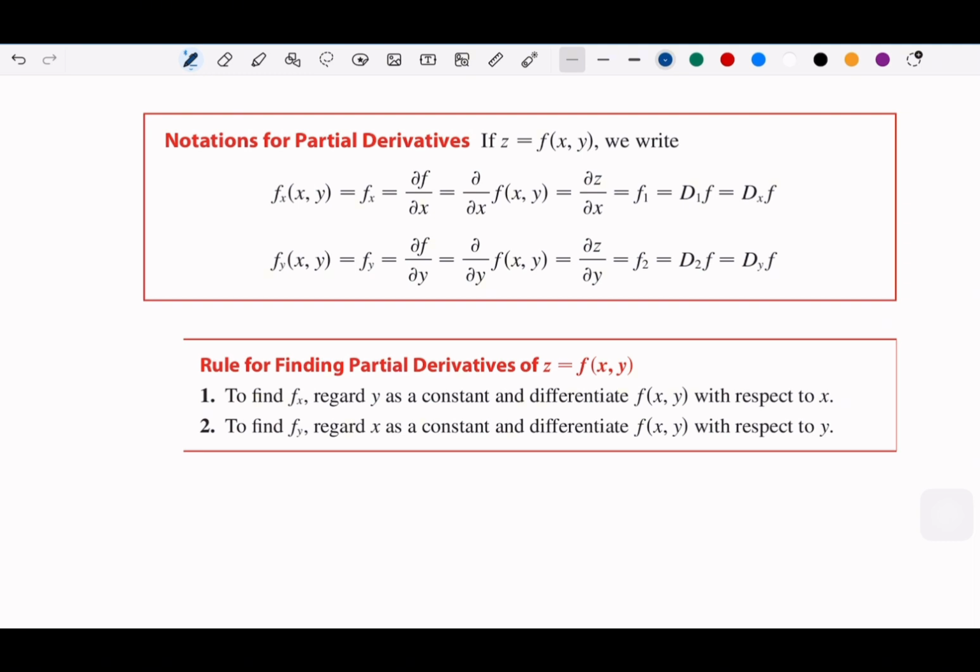Basically, it's just the same thing. Or even you can write using the D subscript 1 f. This means that 1 is referring to x and 2 is referring to y. But usually, I would like just to write in my course using this or this, okay? Just these two, okay? Most of the time.